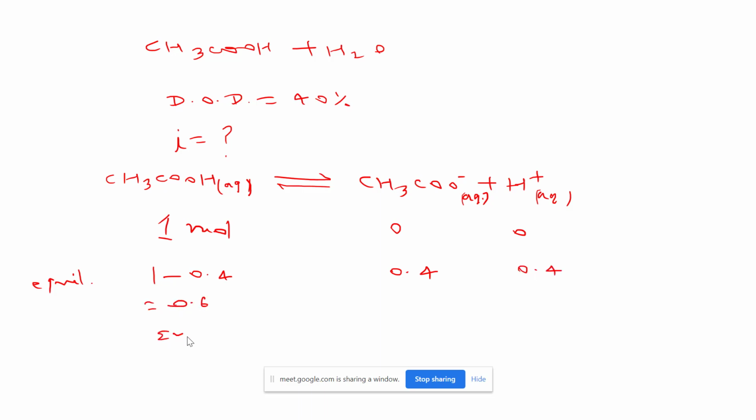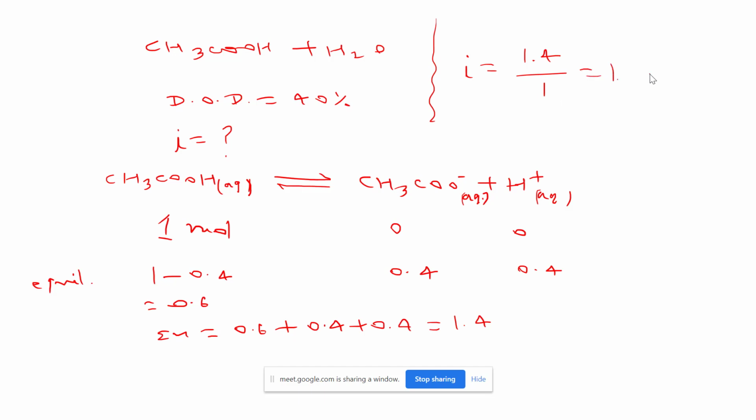So how many total moles are we getting for the solute? 0.6 is the undissociated form, 0.4 is ionized, 0.4 for the cation. So what we are getting is 1.4 moles. Now for calculation of i, we have to take the total moles at equilibrium, that is the observed moles 1.4, and initially we took 1 mole.